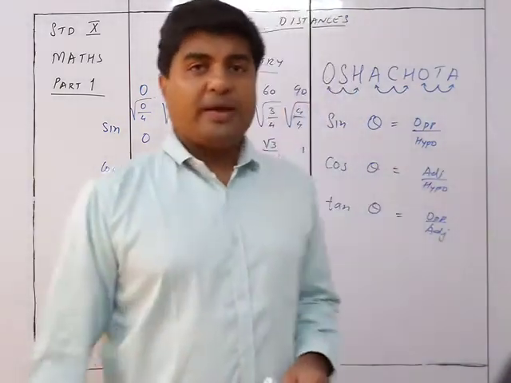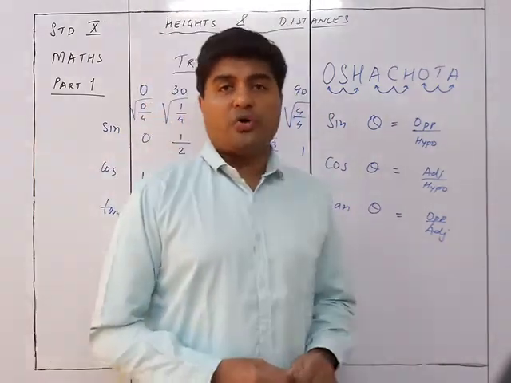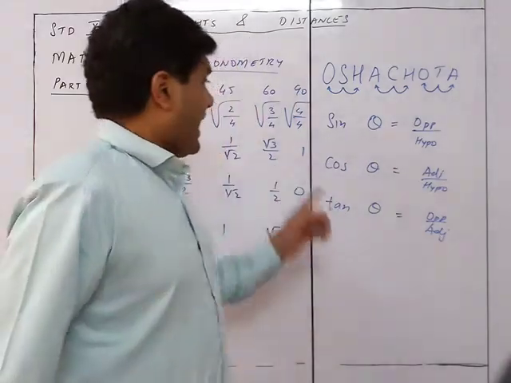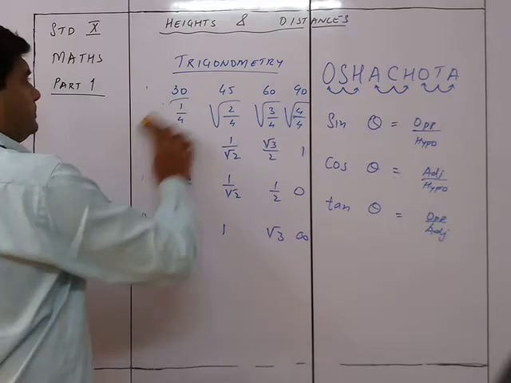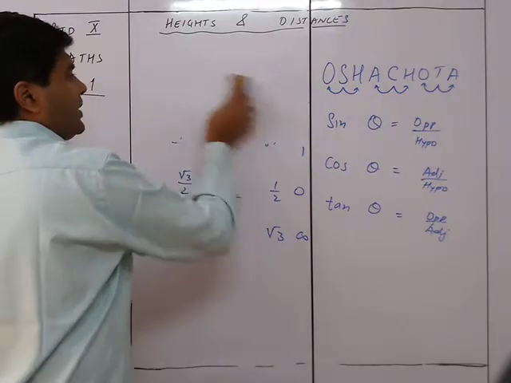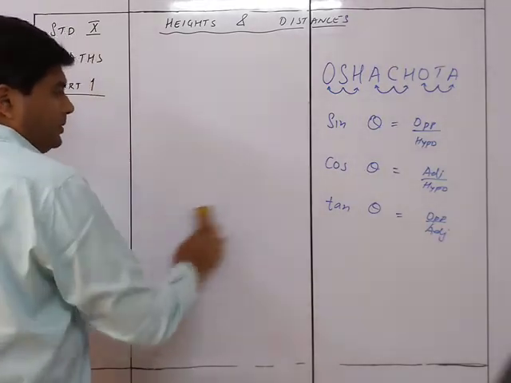The next thing we may require is to understand how to find out the values of angles other than these angles using the table. The table is given in the back of your textbooks.